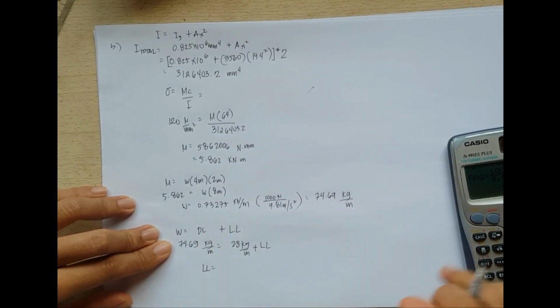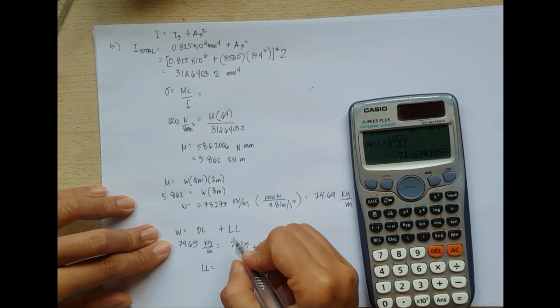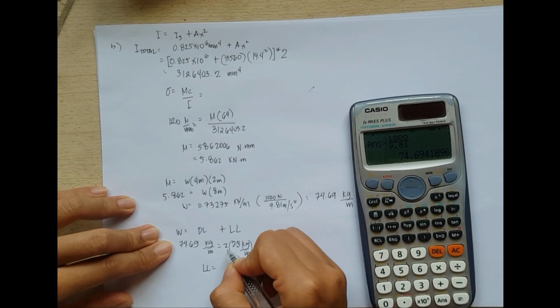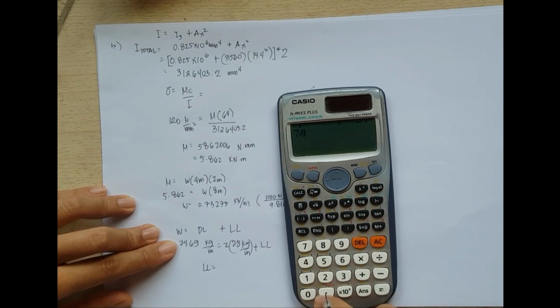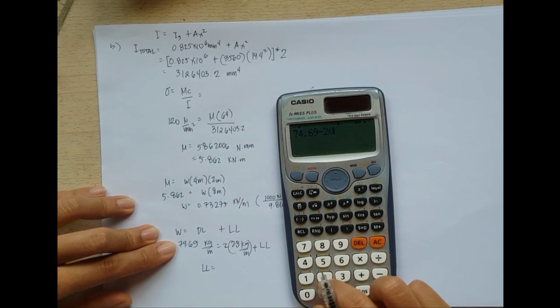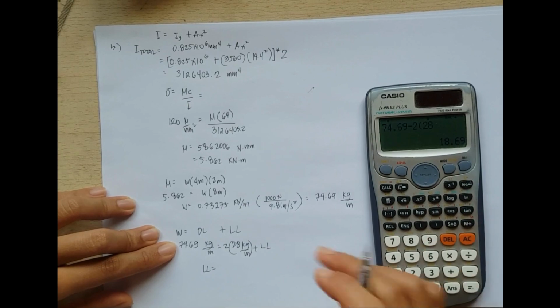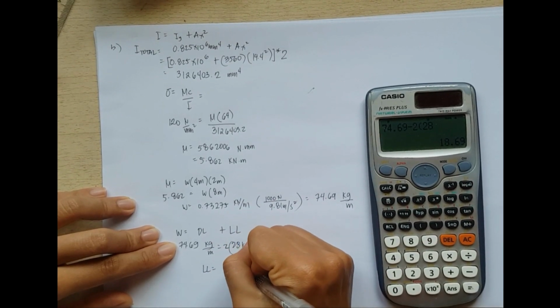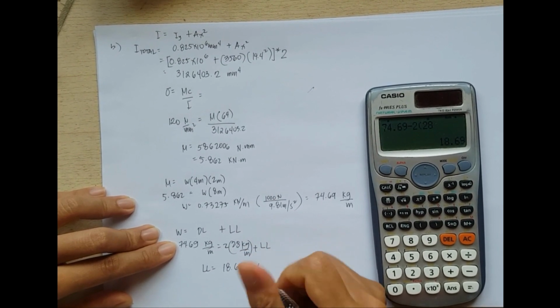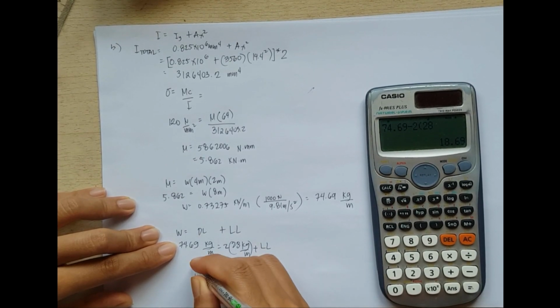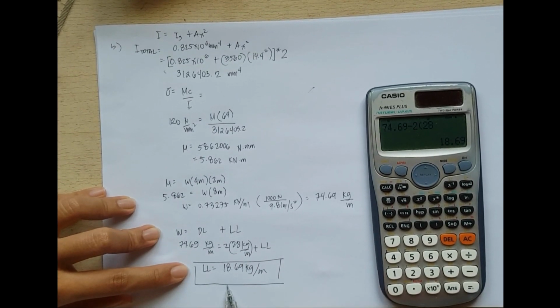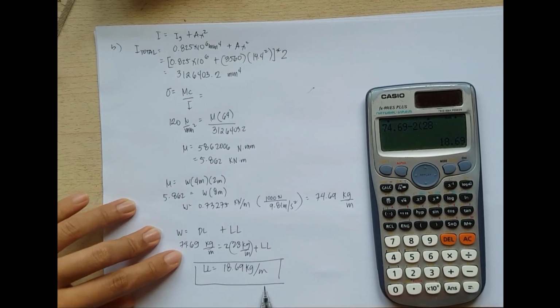Therefore, the live load is equal, so dead load times 2 pala kasi back to back siya, sorry. So times 2. So 74.69 minus 2 times 28. So it is equal to 18.69 kilogram per meter. So ito na yung sagot natin for letter B. So the live load is equal to 18.69 kilogram per meter.